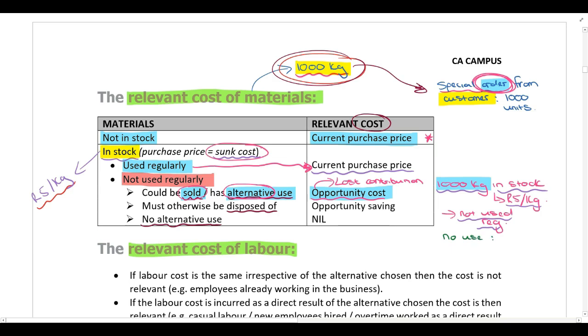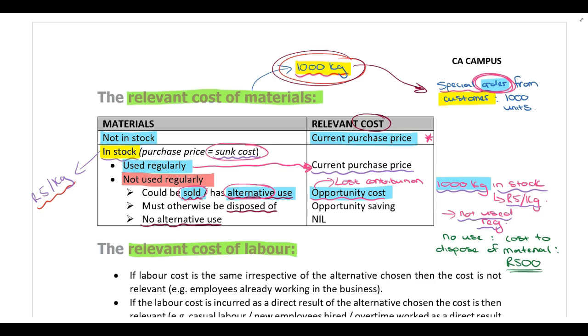And they're going to pay a company to dispose of this material. They're going to pay them 500 Rand in order to dispose of the material because they've got no use for this material. It's taking up space in the factory. They want to get rid of it. They have to pay a company to come and take it away, and it's going to cost them 500 Rand.